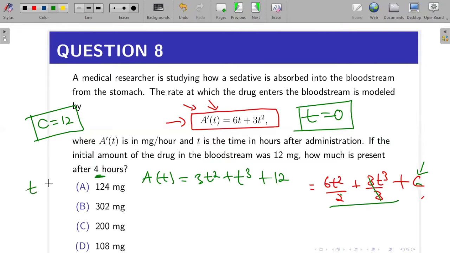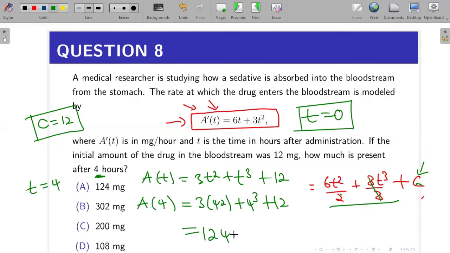So amount at 4 is just going to be 3 times 4 squared plus 4 to the power 3 plus 12. We can punch that straight onto the calculator. So that is going to give me 124 milligrams. So I'm going to go on the options and select 124. Okay, so any questions there?